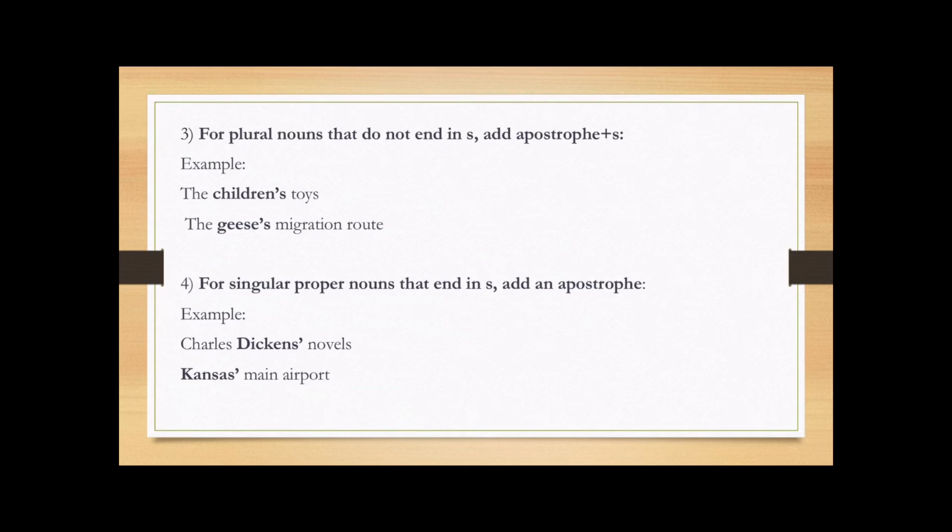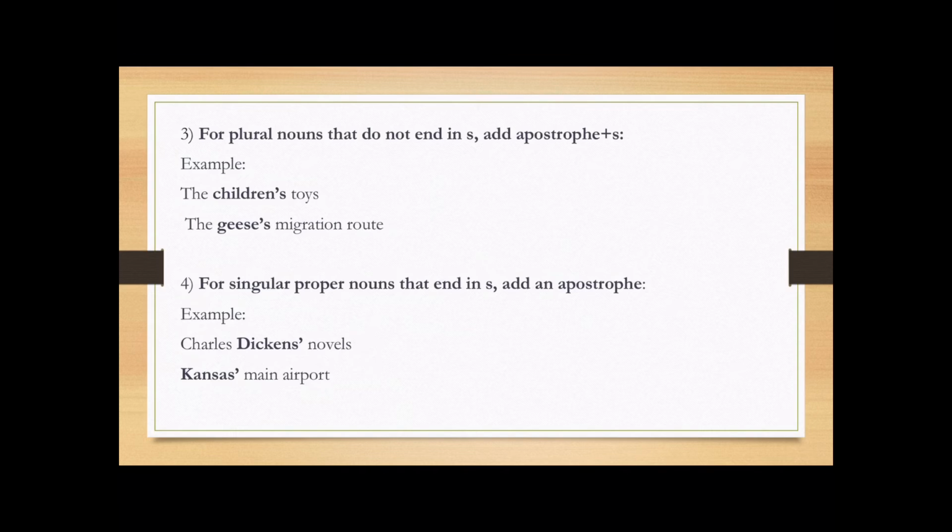But what happens? Look, in rule number 4, we have another exception. For singular proper nouns that end in s, you just have to add an apostrophe. We say in the example, Charles Dickens'. You already know, as you study literature, that Charles Dickens is the way that it is written.